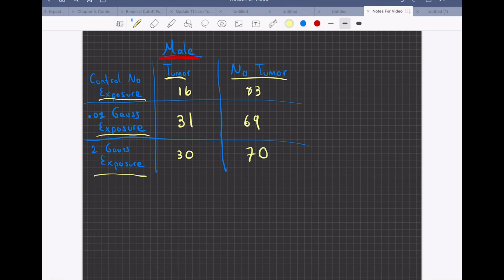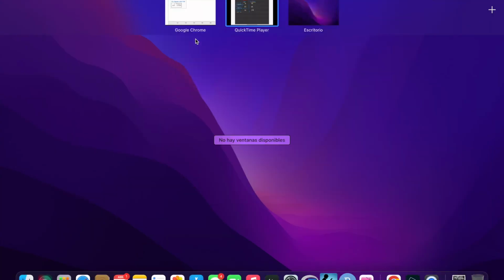Remember this two-way table. So now what do you think you have to do? Of course, we have to put this into Minitab. So again, I'm going to put only the columns 16, 31, 30.